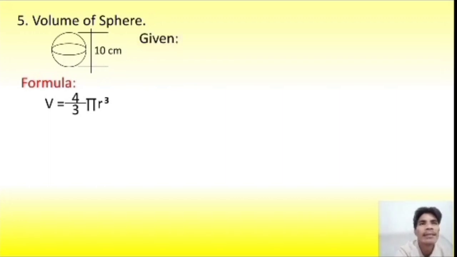Then given the radius is 5 cm, the diameter is 10 cm, so divided by 2, so the radius is 5 cm. Radius is 1/2 of the diameter, so our radius is 5 cm. Then volume is question mark.